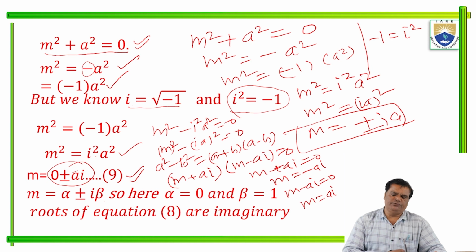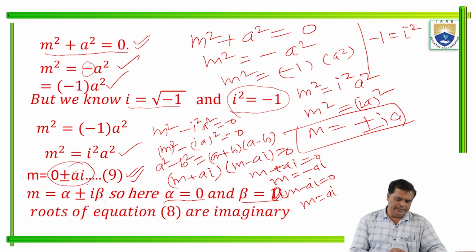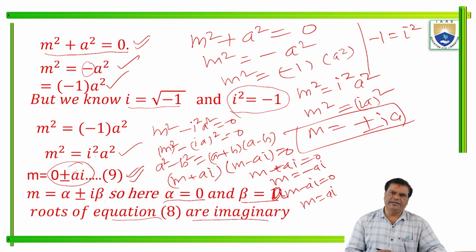After comparing 9 with this, alpha is 0 here and beta is a here, since the coefficient of i is a. So the roots of equation 8 are imaginary roots.